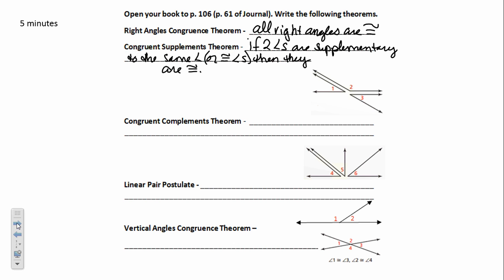What does supplementary mean? They add up to 180. So if two angles are supplementary to the same angle or to congruent angles, those angles have to be equal to each other.